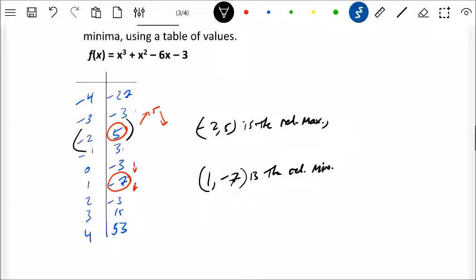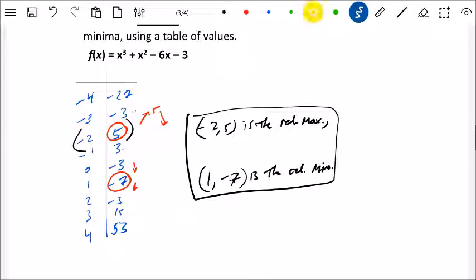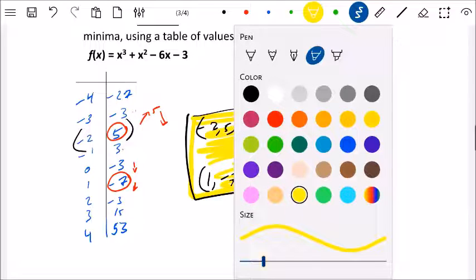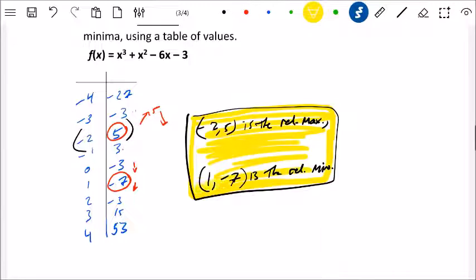Sure, I matched up my numbers right. Okay. I'm going to make the size of this better.